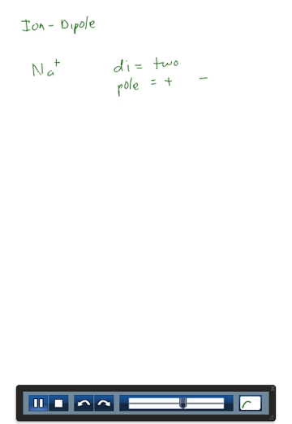So let's consider a simple dipole. We'll consider the molecule hydrogen fluoride. So in this molecule, fluorine is much more electronegative, and so it attracts electrons to itself, and so hydrogen and fluorine are sharing 2 electrons to form this chemical bond between them.